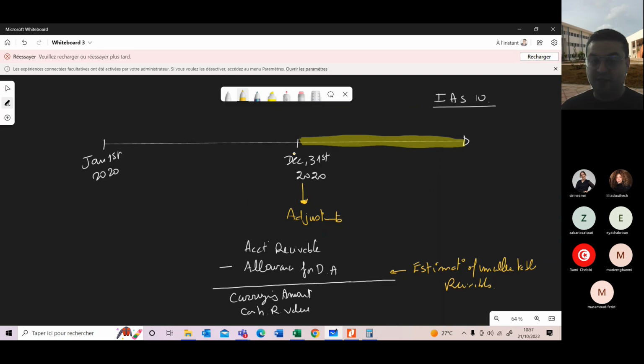At the reporting date, at December 31st, this company you're dealing with, which is a customer, okay? When we check the financial situation of that company, we found that the financial situation of that company is so difficult and it's most probable that the company will be liquidated.